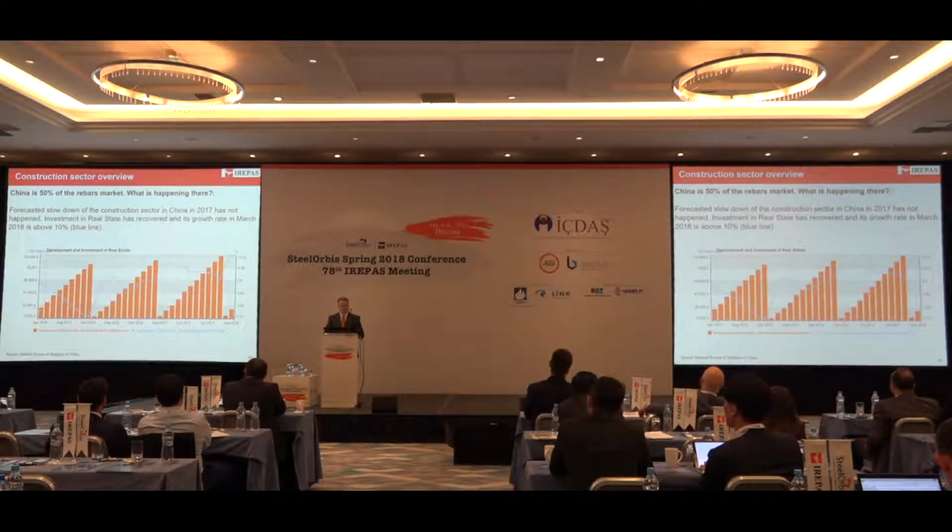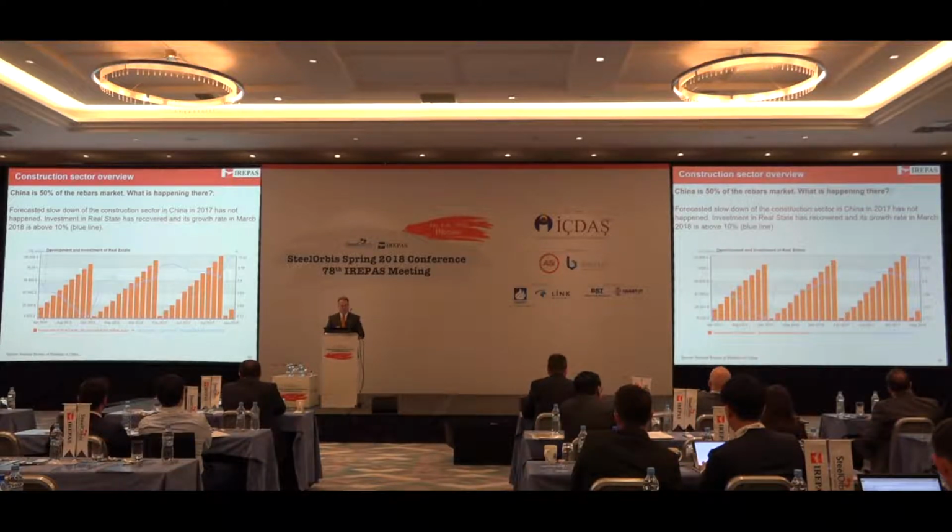And I found this information on investment in real estate in China. Well, you can see that the investment in real estate is increasing, because the accumulated orange columns are higher in the year 2017 compared to the previous year. At the same time, you can follow the blue line, which is the accumulated growth rate of the investment in real estate in China.